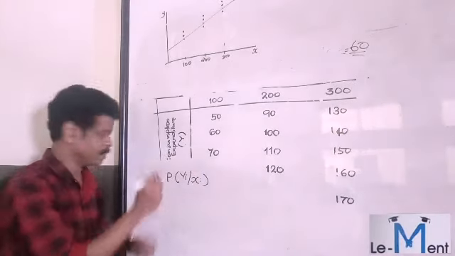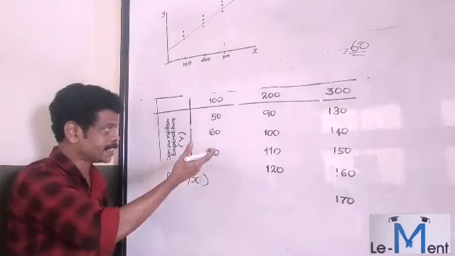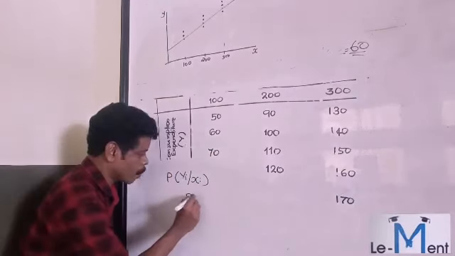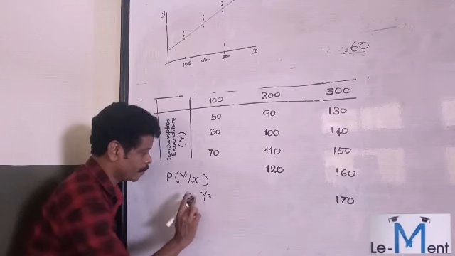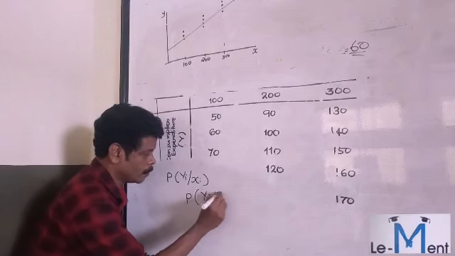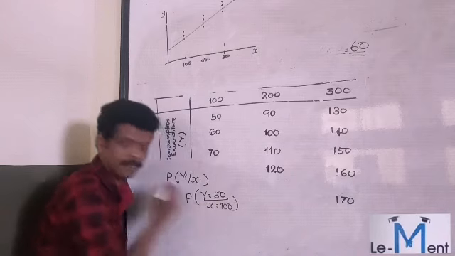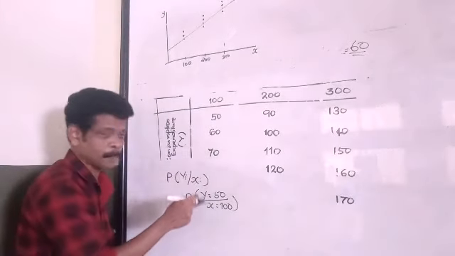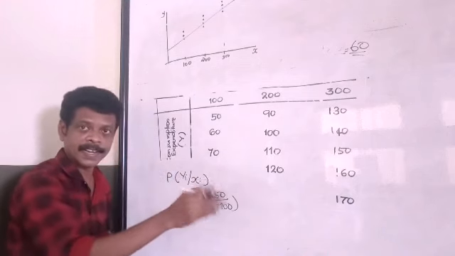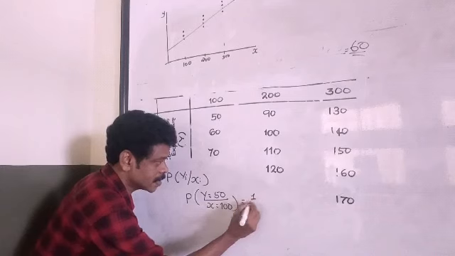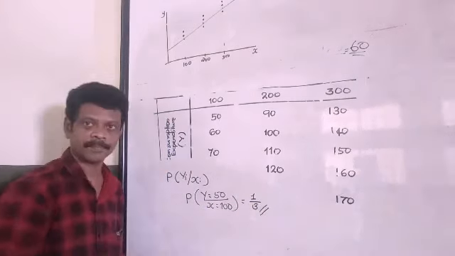For example, let us calculate the conditional probability of y to be 50 when x is equal to 100. The probability of y equal to 50 when x is equal to 100 is equal to 1 out of 3, which is 1 by 3.